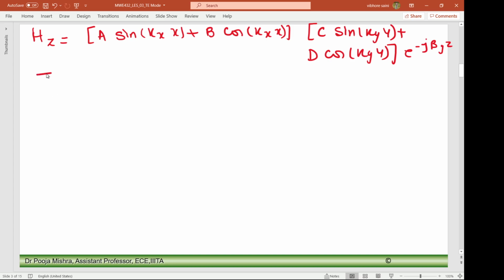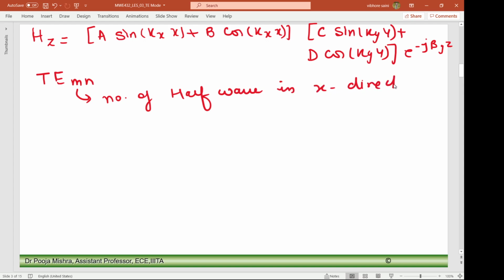Now we already studied that modes are designated as TEmn or TMmn, where m stands for number of half waves in x direction, and n stands for number of half waves in y direction. Half waves of what? Half waves of electric field and magnetic field.